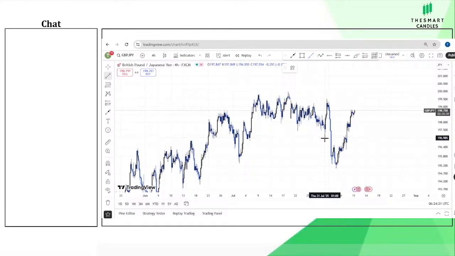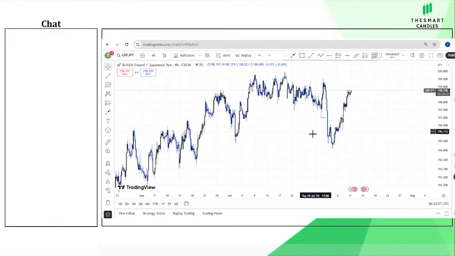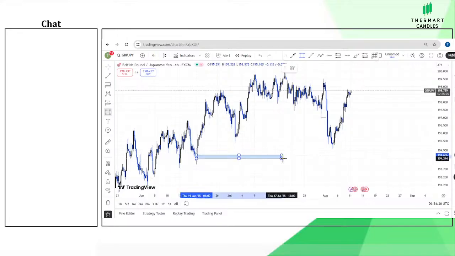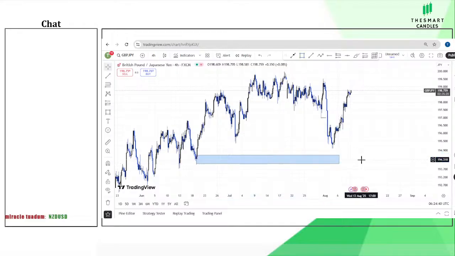We had this last break to the downside on 4 hours. What was I expecting on 4 hours? I was expecting price to return back to this zone, but we're not able to get to this zone because this was my inducement zone.